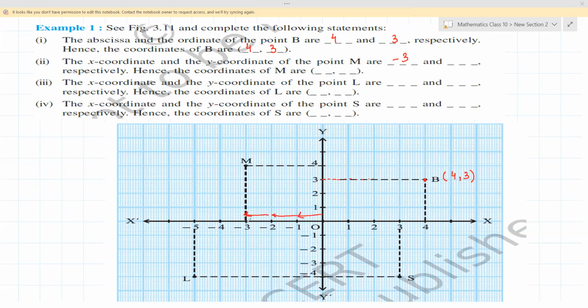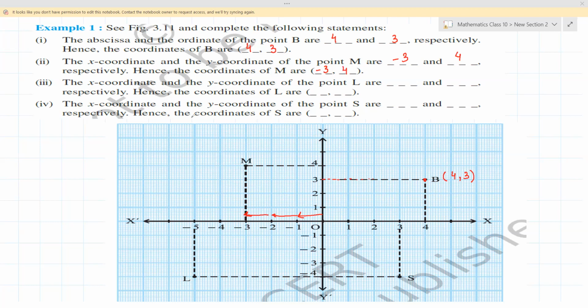So on the x-axis, it is -3. How much is it on the y-axis? 4. Yes, +4, right? Because this is the point. So hence the coordinates of M are (-3, +4). This is how we write it.